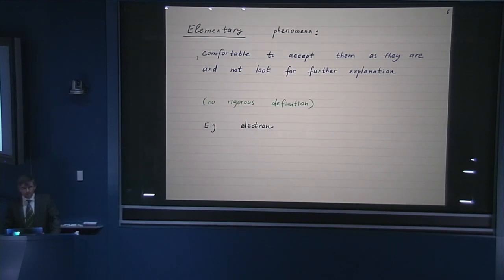But then at some point we say, okay, we are comfortable that there are some phenomena or some particles that we will just accept as elementary, and we will not look for further explanation. This concept of elementarity is not a rigorous concept, so I'm not going to attempt to give a rigorous definition, but just as an example, the electron, for what we currently know, is an elementary particle. It does not have any more microscopic explanation or description.